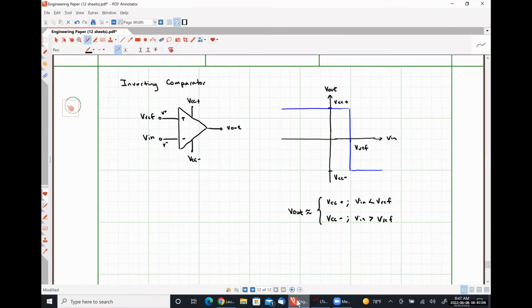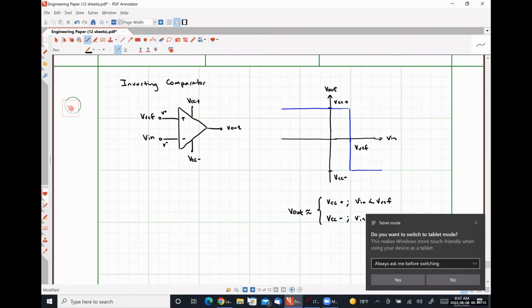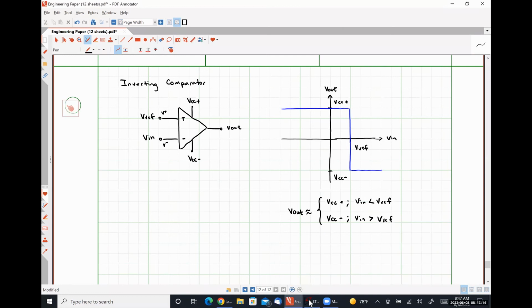So the last thing that I want to talk about today is generating our reference voltages using resistive networks. What I mean by that is we might not always have access to a 2-volt source or whatever we want to generate our reference voltage.